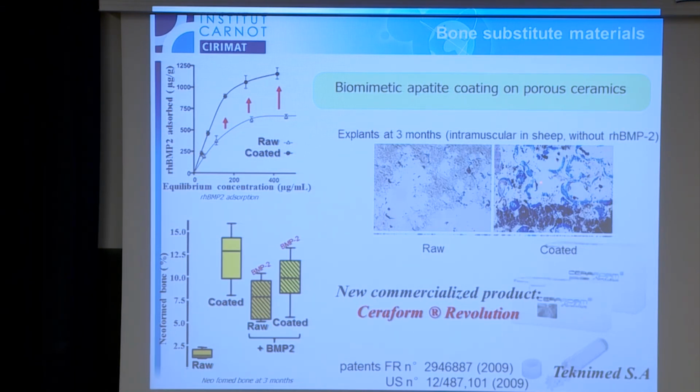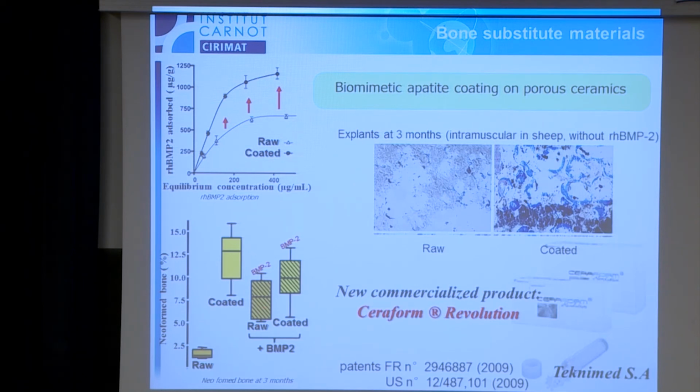pore of the granules. Okay, and if we have a quantitative evaluation of this bone neoformation, so here we compare the raw granules, the commercial granules, here the coated granules, and here the coated with BNP and raw with only BNP, it means without the coating.